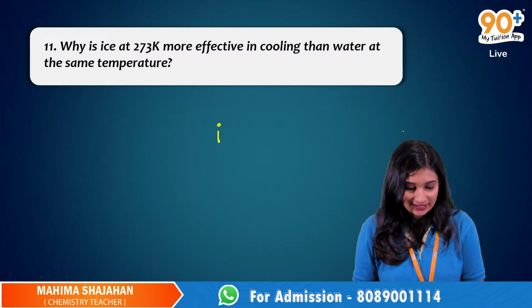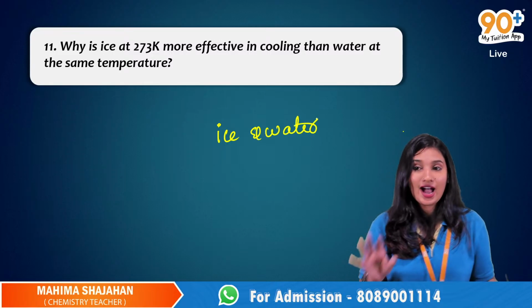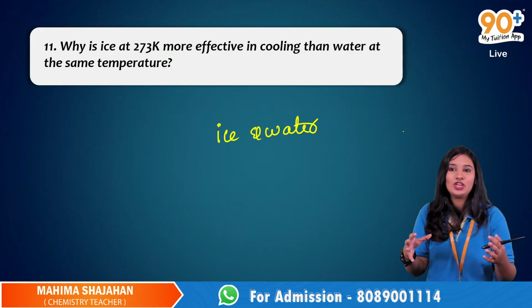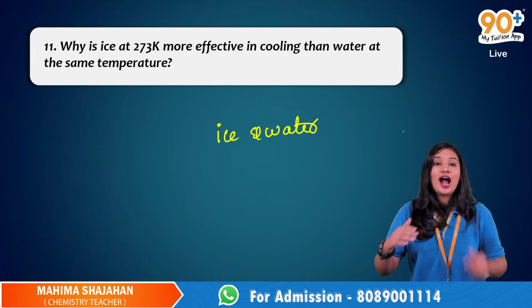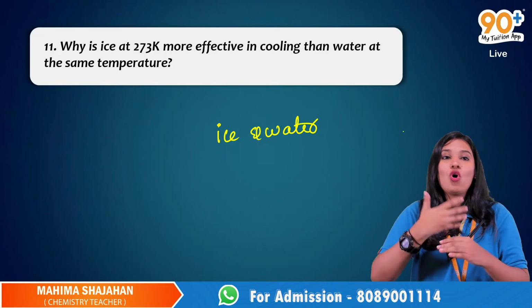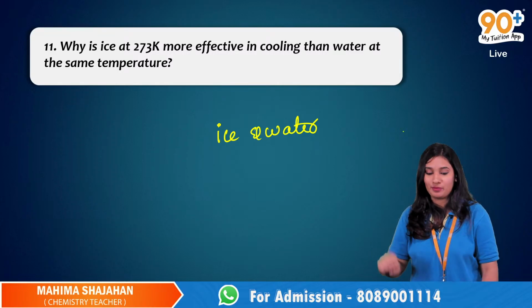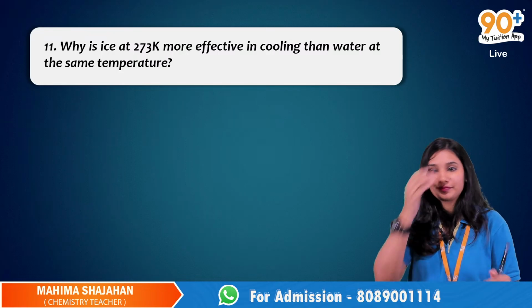Both ice and water can coexist, alle? Aa samayathu namukku ice neyum kaanam, water neyum kaanam. Solid state and liquid state coexist. But ice provides more cooling effect than water at the same temperature. Any idea why?